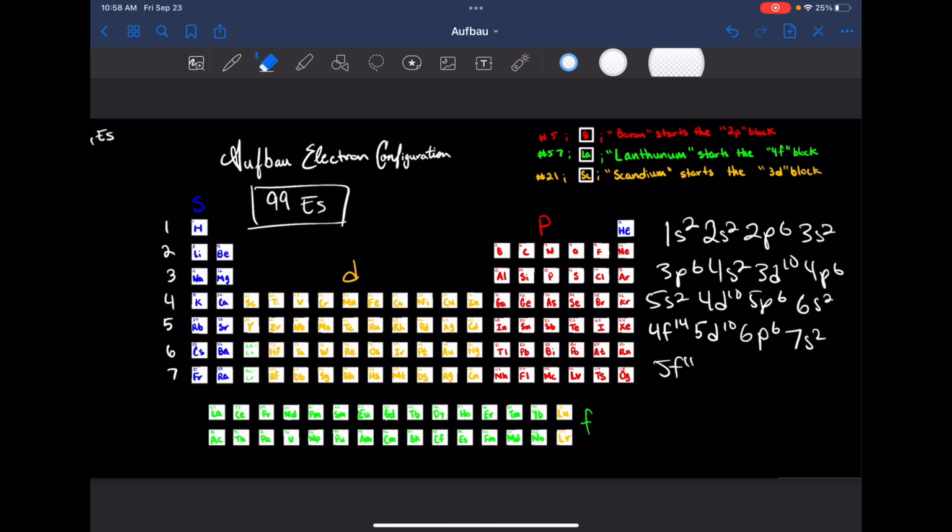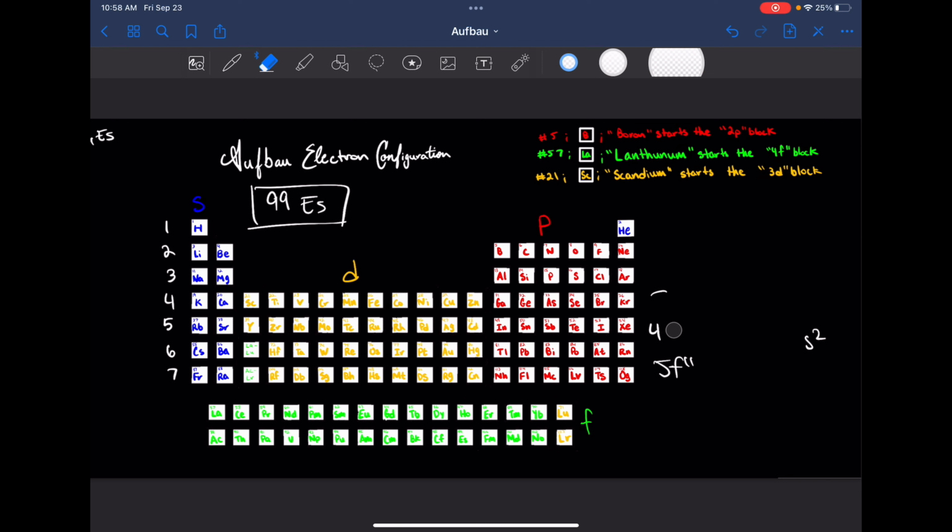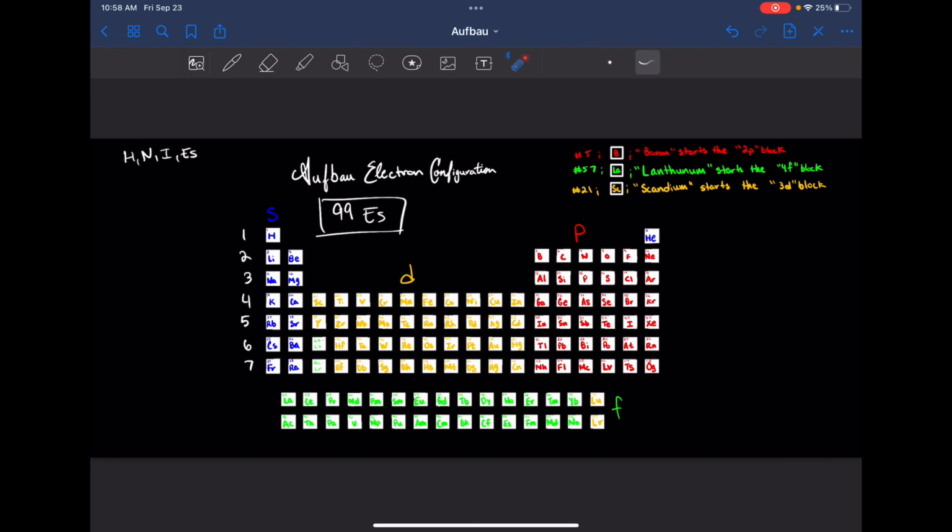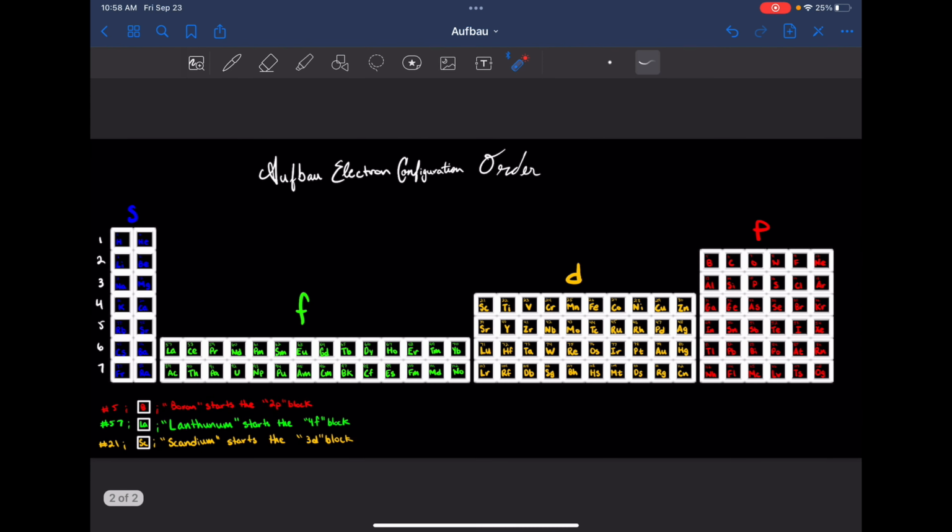Now, in case this is still confusing, I have a page on the other side that may make it easier, although I would not recommend remembering it like this. This is just so you can understand the concept of how the order goes.